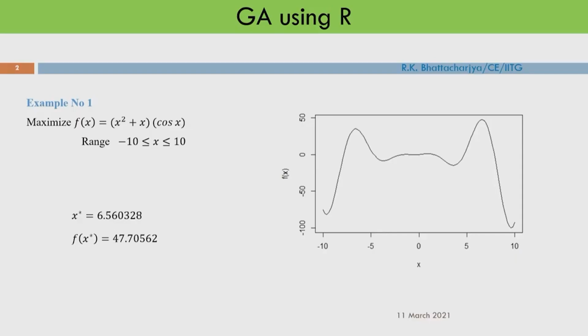There are two optimal solutions. As you have seen on the graph, in this particular function there are two maxima, and we will try to find the global maxima between minus 10 and plus 10 using genetic algorithm.